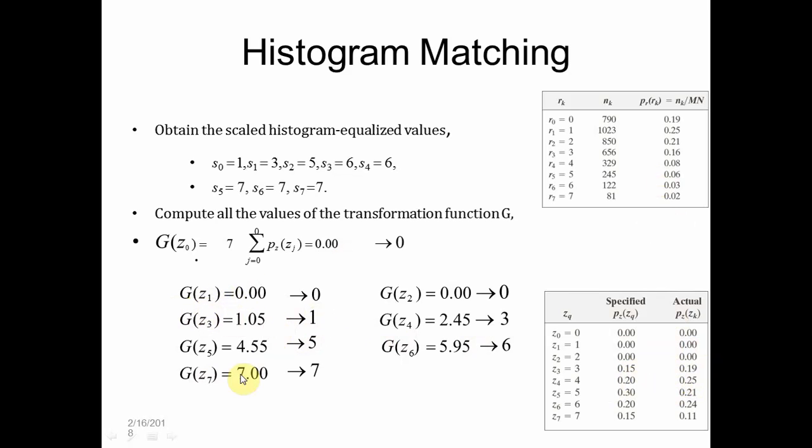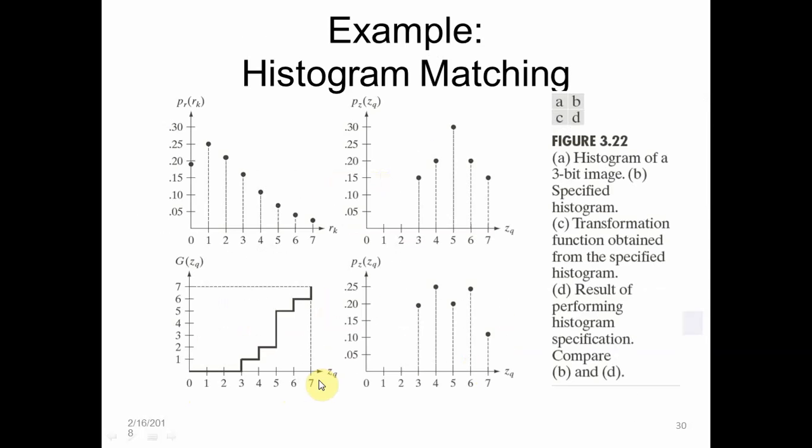First you will equalize this new histogram, that is the specified one. After equalization you will get the new values for the specified one: for gray level 0 it is 0, for 1 it is 0, for gray level 2 it is 0, for gray level 3 it is 1, for gray level 4 it is 3, for gray level 5 it is 5, gray level 6 is 6, and gray level 7 is 7.